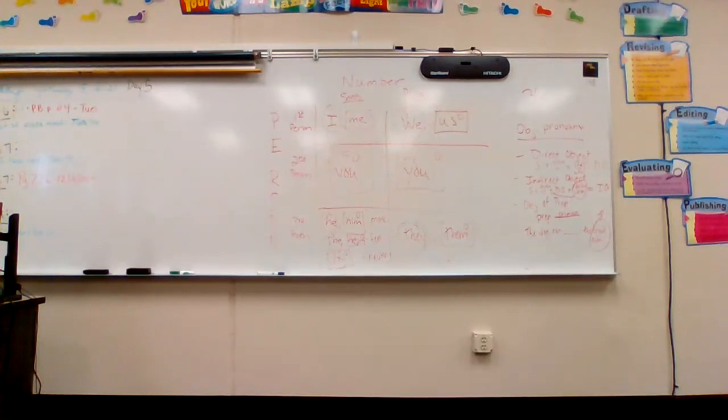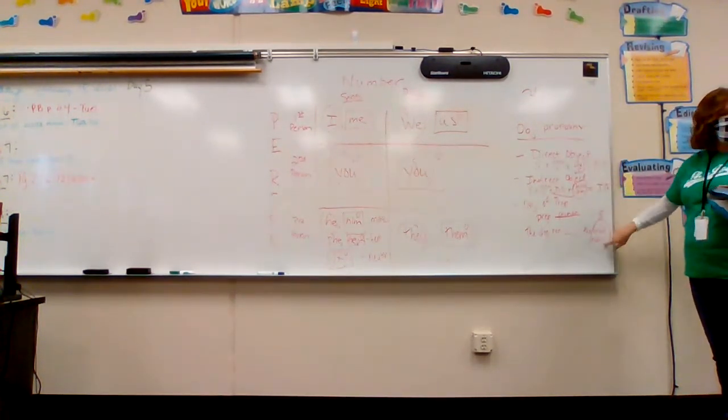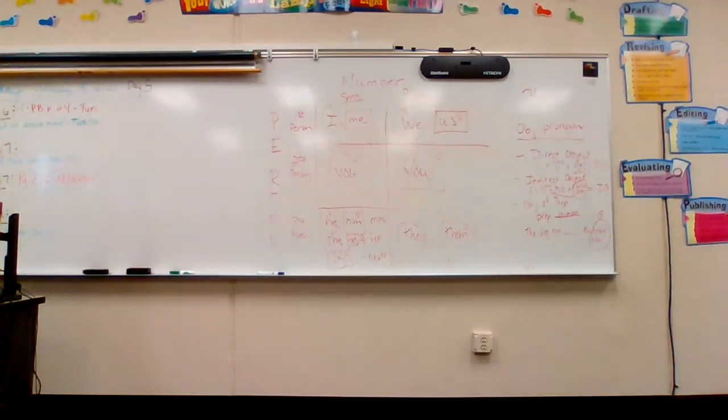Since the "them" doesn't come after that at all, it can't be a direct object or an indirect object. So your only choice is object of a preposition. Is "to" a preposition? Yep, to them. It ends the phrase. So it's an object of a preposition. I feel like you guys have to kind of rule out these, and then you can go to that. And then you just make sure that the word in front of the phrase is a preposition, okay?